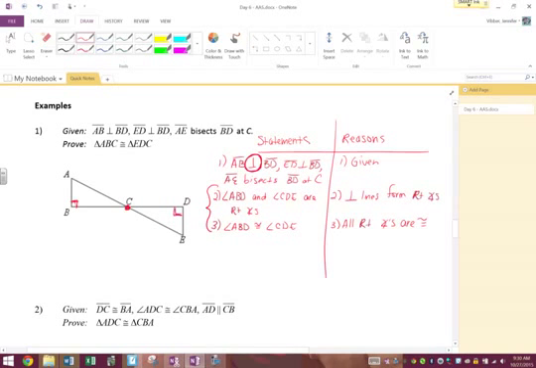The next thing that was up in the given was this word bisect, so I should probably use that. BD got bisected at C, making these two halves equal. That makes sense, right? So BC is congruent to CD because bisectors cut a segment into two congruent parts.